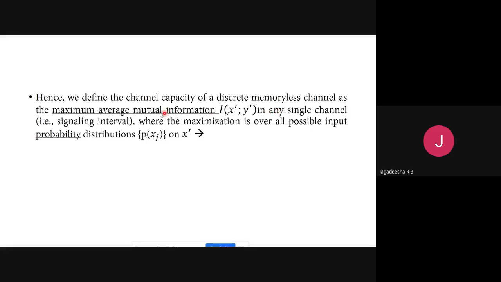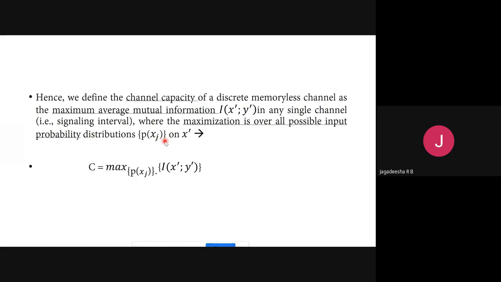Now we will be arriving at the equation of channel capacity. The channel capacity of a discrete memoryless channel is the maximum average mutual information. It's represented as the maximum mutual information in any single channel use, where the maximization is over all possible input probability distributions.